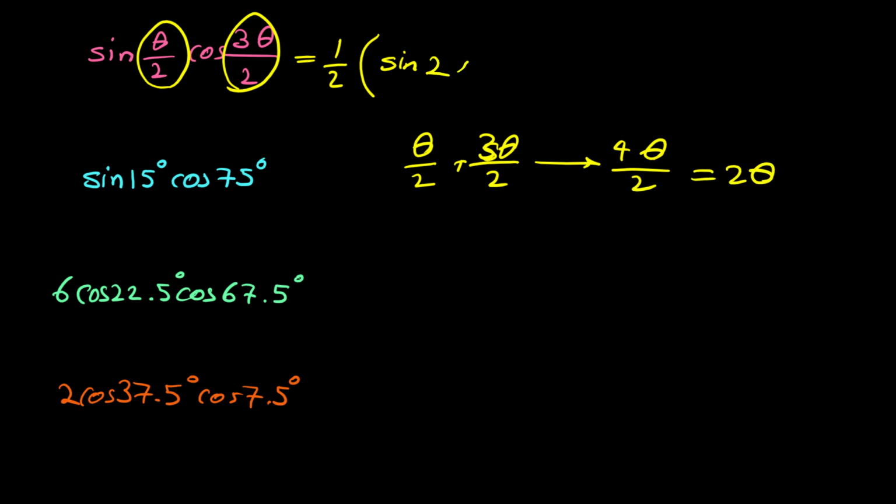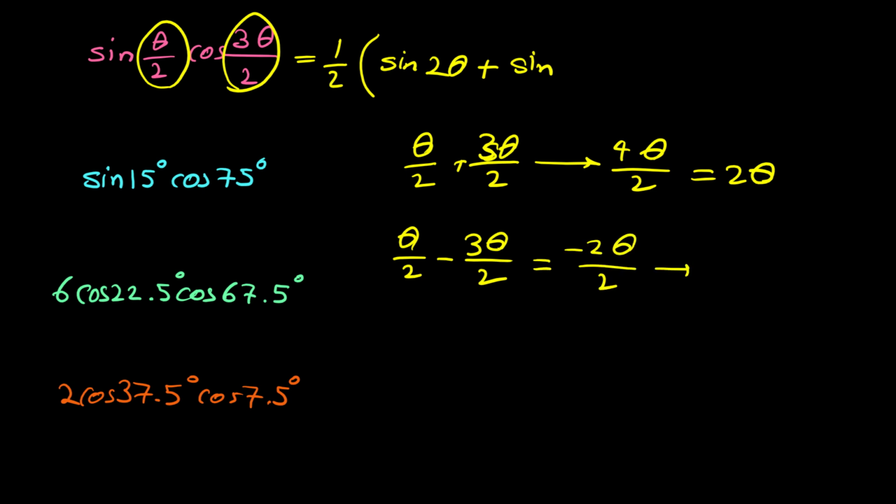So sine of 2 theta plus sine of the difference of the angles, theta over 2 minus 3 theta over 2. This is negative 2 theta over 2, which is negative theta. So sine of negative theta.